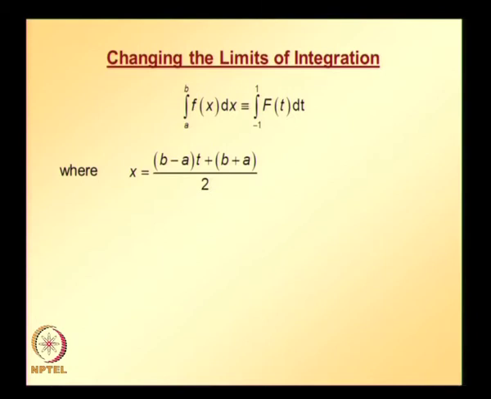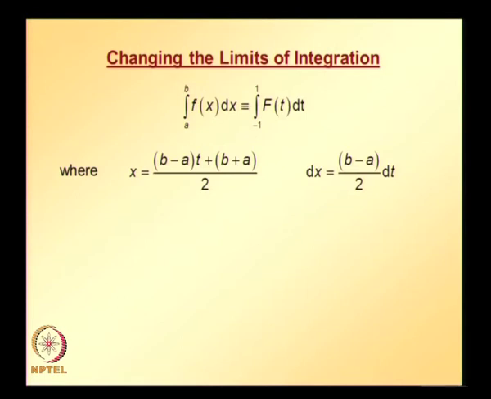So, we can use this formula to change the limits of integration, that is, limits a to b are changed to -1 to 1 using x = ((b - a)t + (b + a))/2, and when we take the derivative of this equation on both sides, we get dx = (b - a)/2 dt.